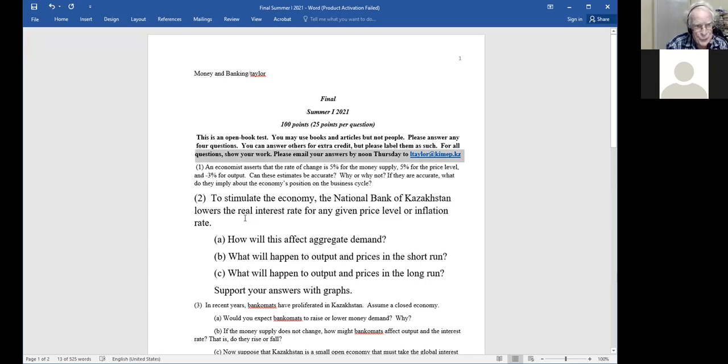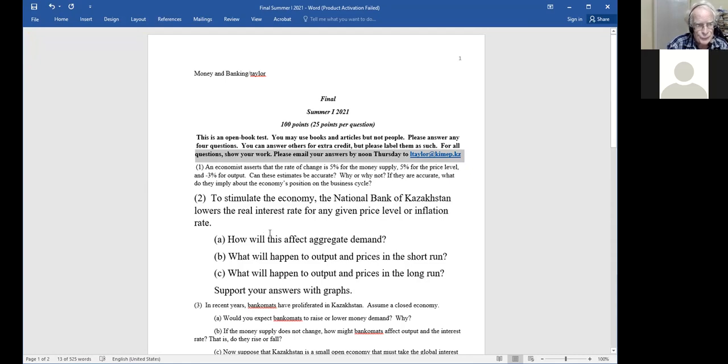So here's a question really about aggregate demand in the aggregate supply and demand analysis. We have that the central bank has lowered the interest rate for any given price level.